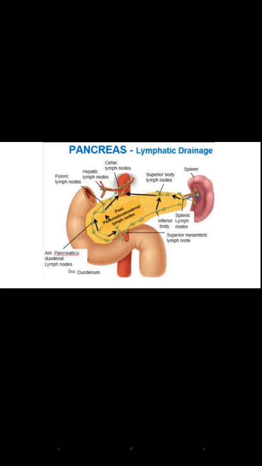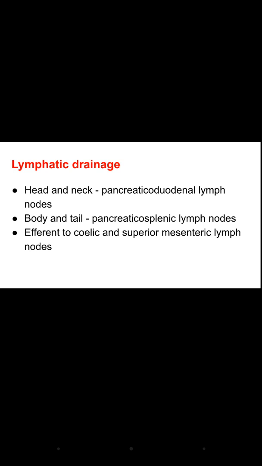So all these lymph nodes are responsible for the lymphatic drainage. In the head and the neck there are pancreaticoduodenal lymph nodes which are draining. In the body and the tail there are pancreaticosplenic lymph nodes, and then all these lymph nodes will merge to the celiac lymph nodes and the superior mesenteric lymph nodes.